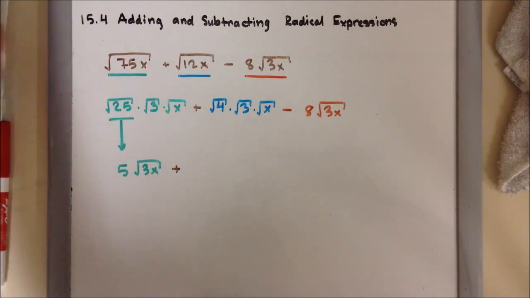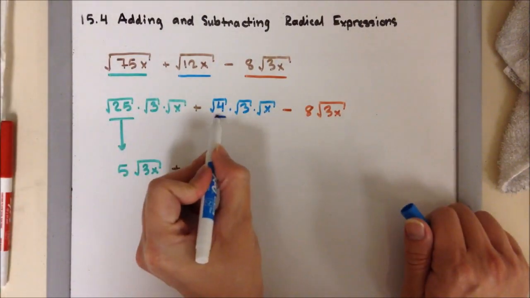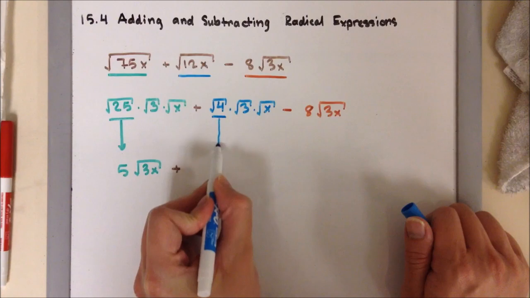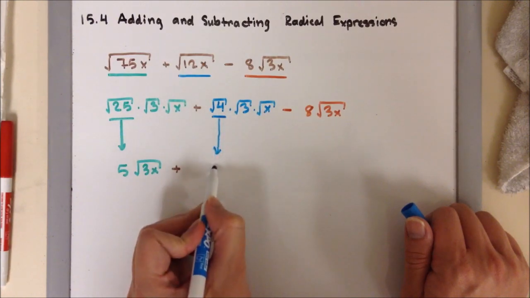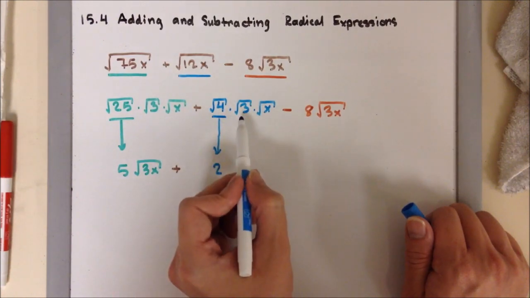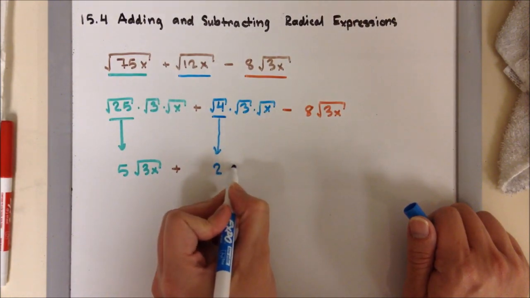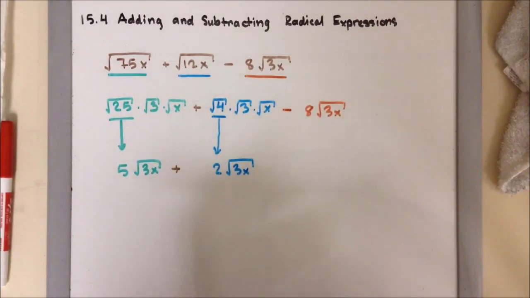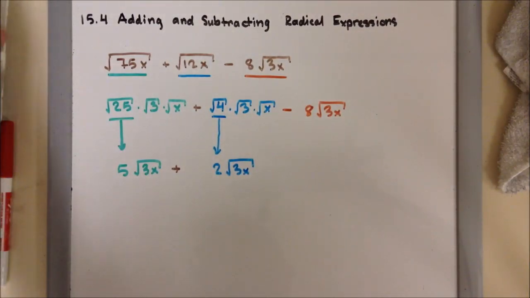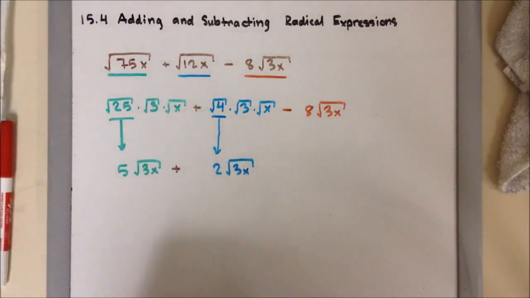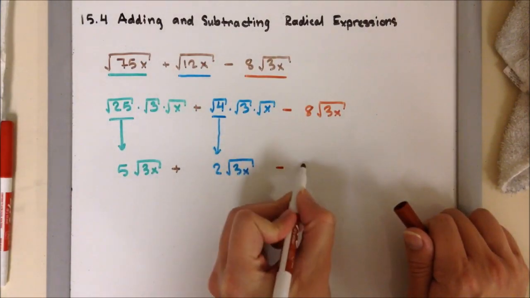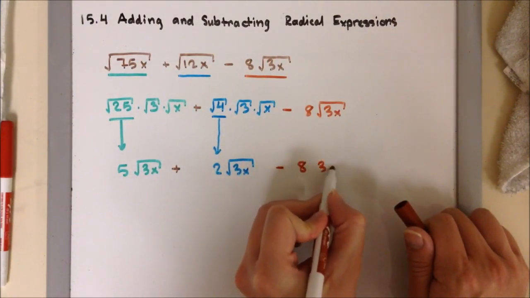Now for the second one, I can only do the square root of 4, which is 2. I cannot do the square root nor simplify 3. Same thing, I cannot do the square root nor simplify x, so I'm going to put it together inside one square root, just like that. And then I'm just going to bring down minus 8 square root of 3x.